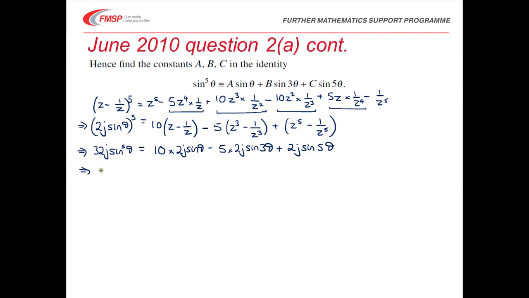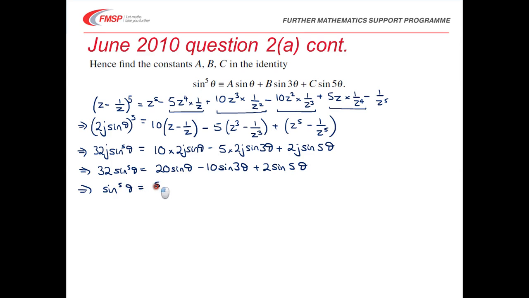So all of those terms have a j in it, so I can divide through by j. 32 sine to the 5 theta is 20 sine theta minus 10 sine 3 theta plus 2 sine 5 theta, and then dividing through by 32.